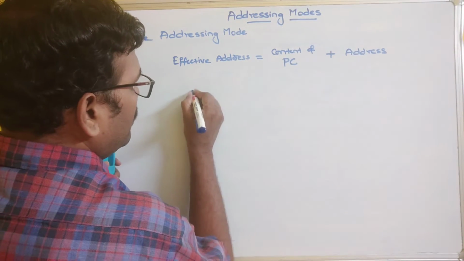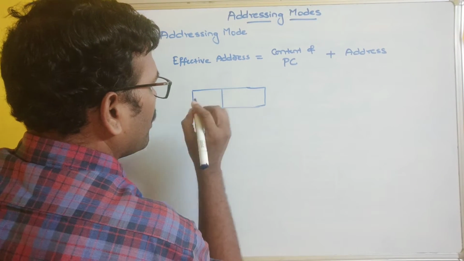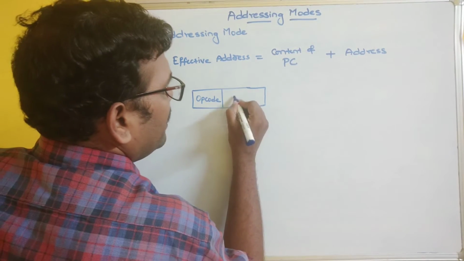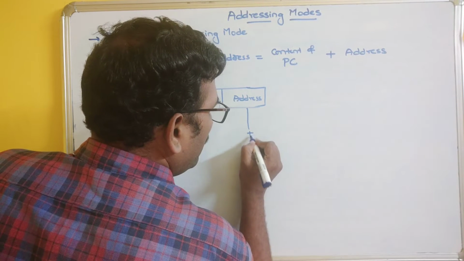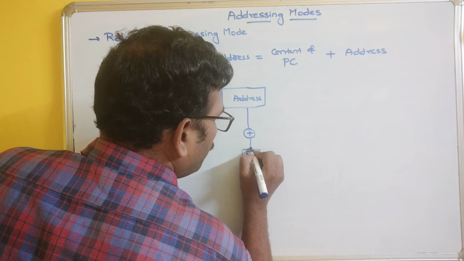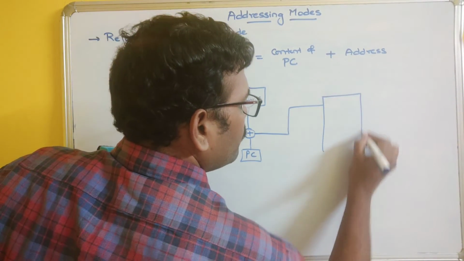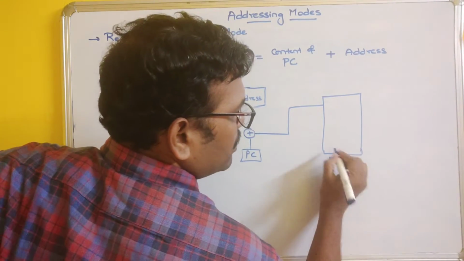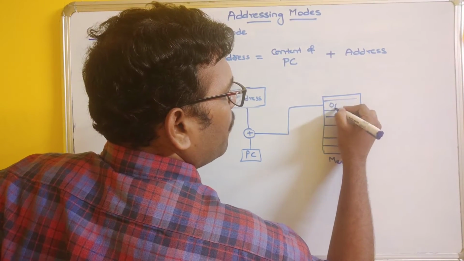For example, if the content is like this, this is the opcode and this is the address, and this will be added with the content of the program counter, which will give the effective address in the memory. So this is the memory, and this is the operand.